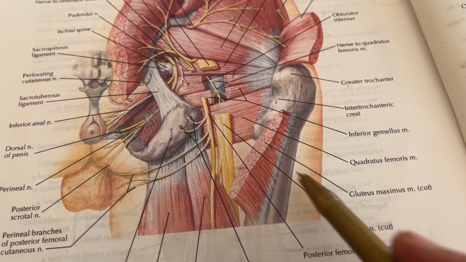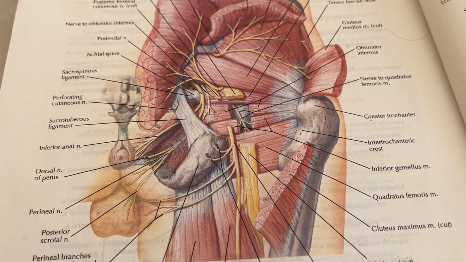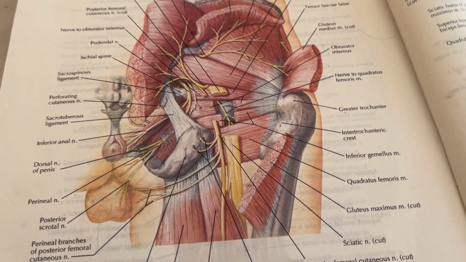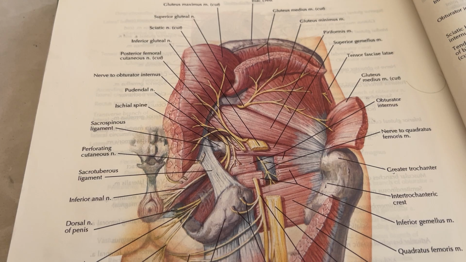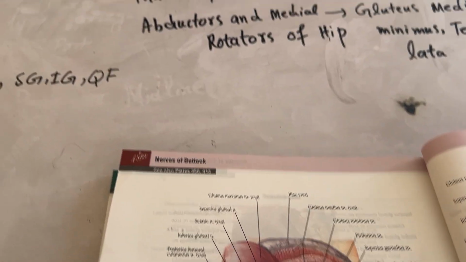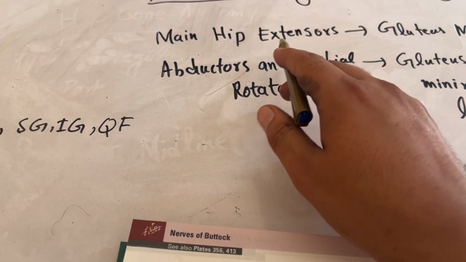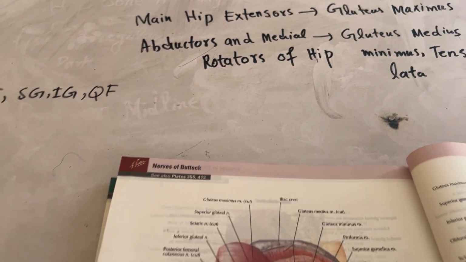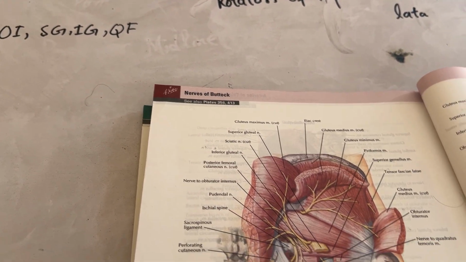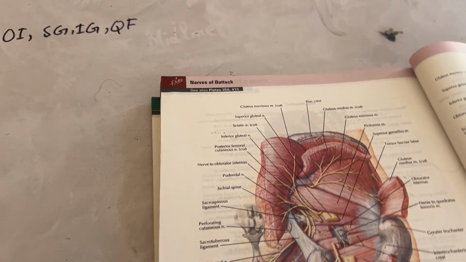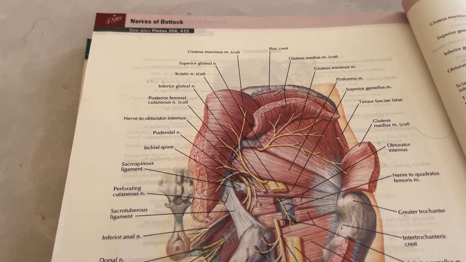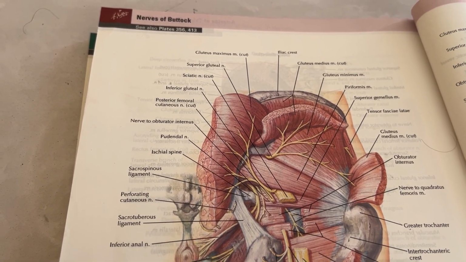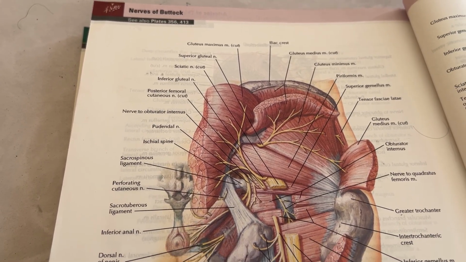It inserts on the posterior aspect of the femur, on the gluteal tuberosity, and it is the main extensor of the thigh, the main extensor of the hip. It is innervated by the inferior gluteal nerve. The only innervation of the inferior gluteal nerve is the gluteus maximus muscle.